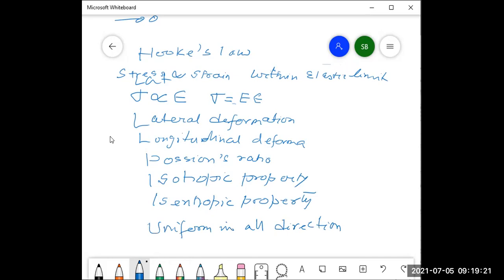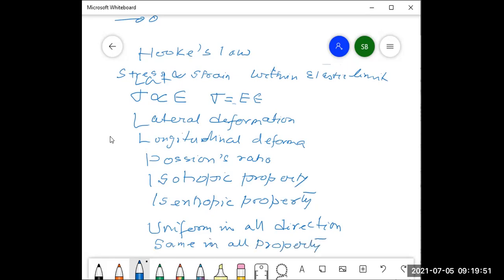And what is the isentropic property? It is homogeneity: the stress and strain properties are the same at all points. That is the isentropic property.